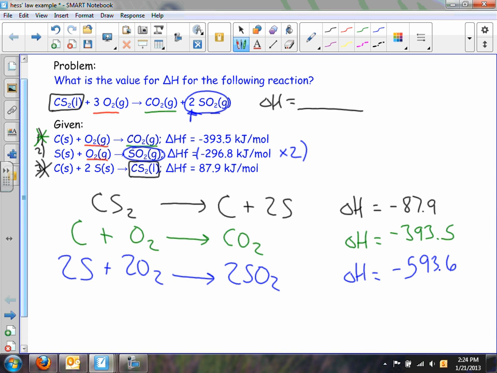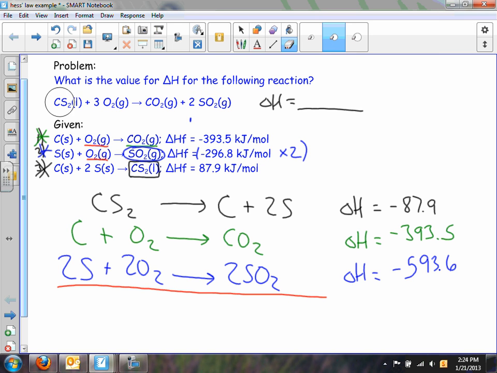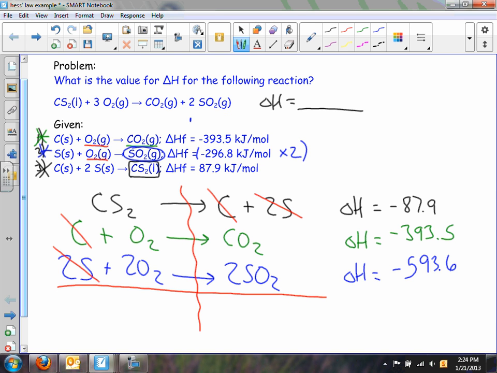Hopefully, since I've worked with all 3 of my equations, when I add these together, my net equation equals what it's supposed to up here. So let's double check. I'm going to compare everything I have on the left and see if I can cancel anything out. It looks like I've got a carbon on the left and a carbon on the right, so they're gone. It looks like I have 2 sulfurs on the left and 2 sulfurs on the right, so they're gone.